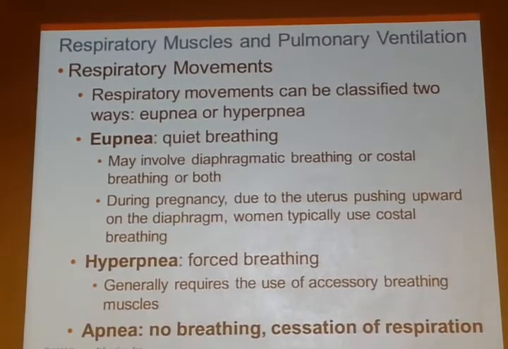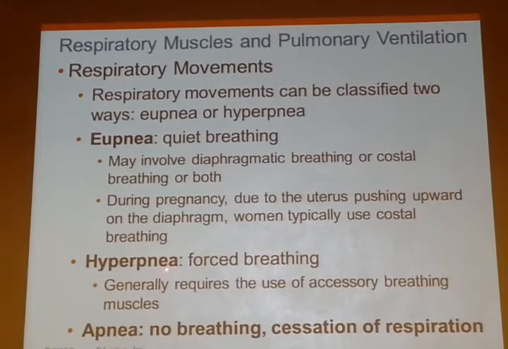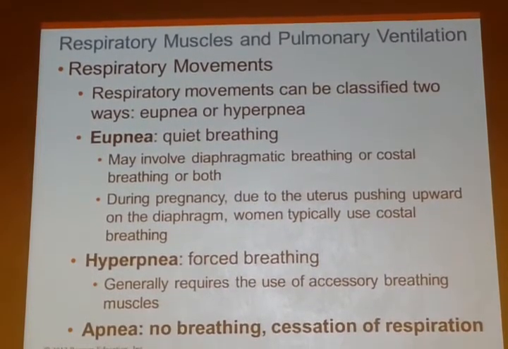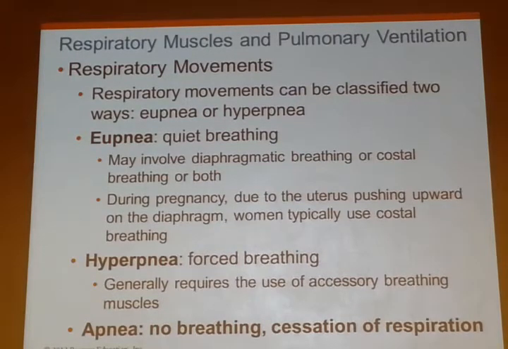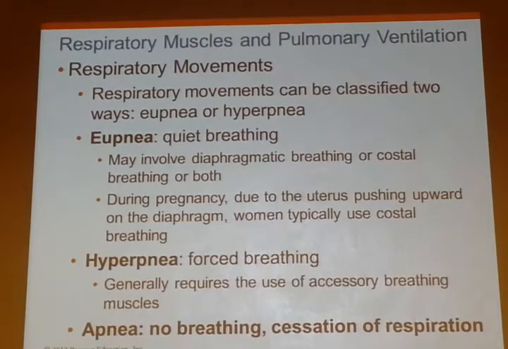So some terms for breathing: normal quiet breathing is called eupnea. And we can then force breathing, and that is called hyperpnea. So eupnea, you're using your diaphragm, your external intercostals. 500 mLs is going in and out during this quiet breathing.